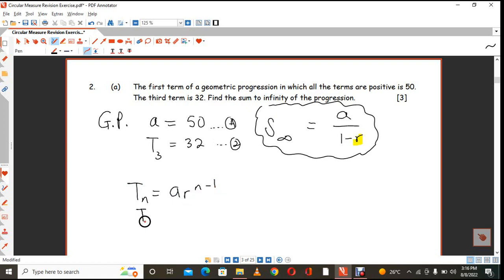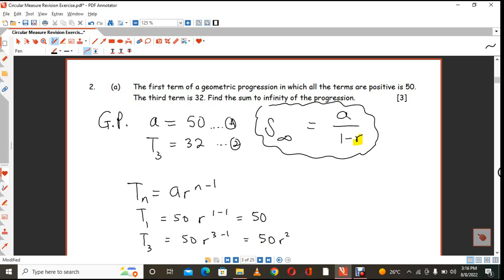So if we are talking about the first term, then A is 50, multiplied by R to the zero. So we now know that the first term is 50. Then the third term will be 50 R to the 3 minus 1, and that's going to give us 50R squared.